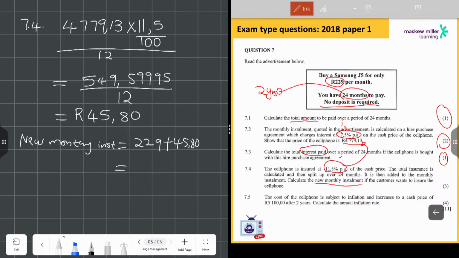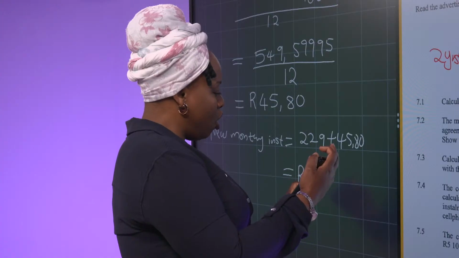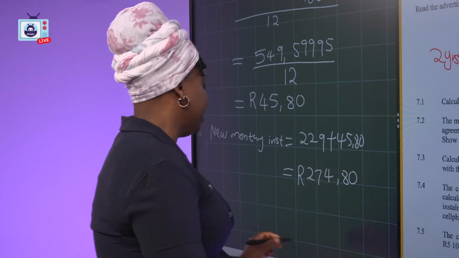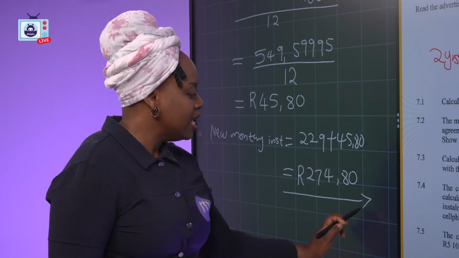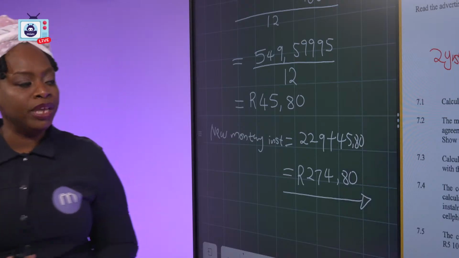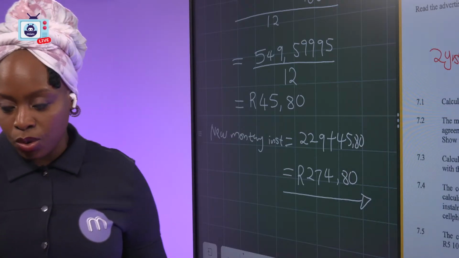And if we add that together, 229 plus 45 rand 80 gives us a total of 274 rand 80 cents. So which means that this is going to be the amount that you had, right?